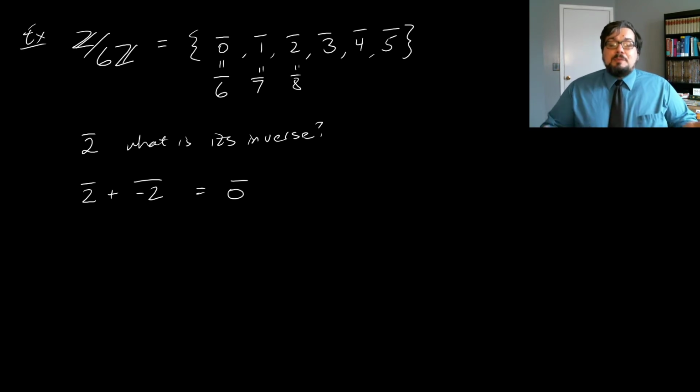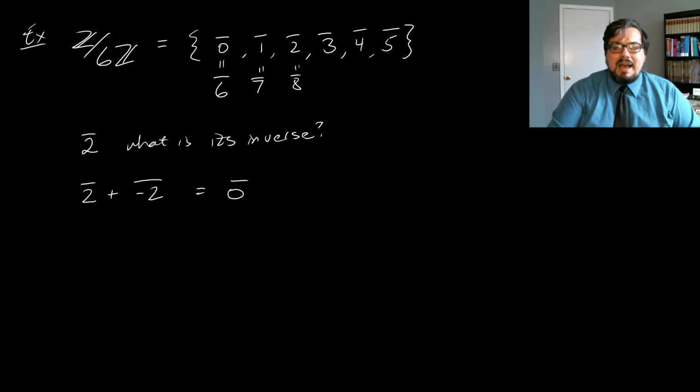We, as humans, like the equivalence classes 0, 1, 2, 3, 4, 5, because they're all non-negative, and they're the smallest non-negative ones that work. But mathematically, there's no reason to prefer this over the equivalence class of 6, 7, 8, negative 3, 10, and 11.